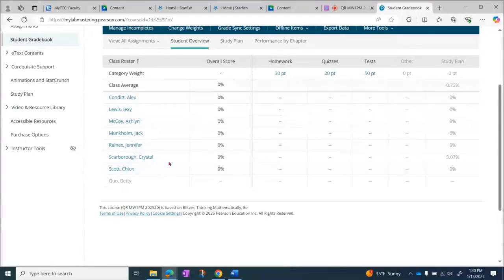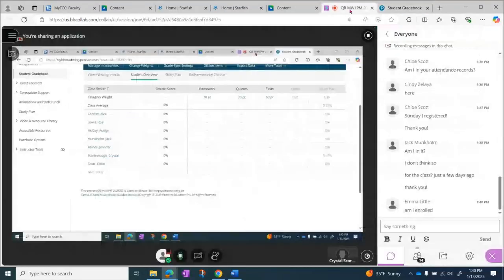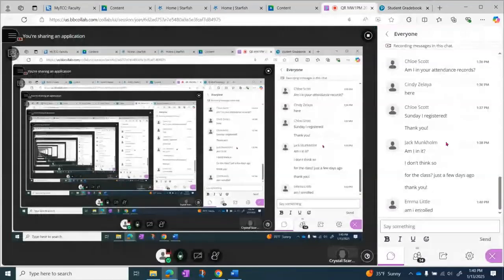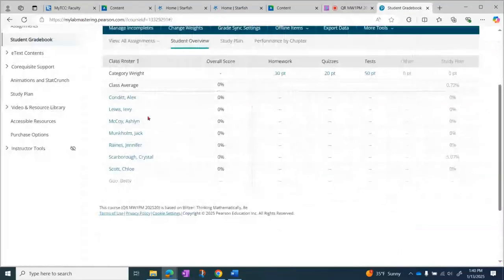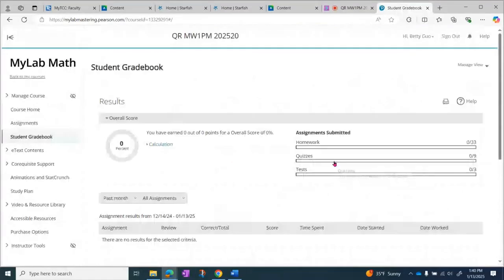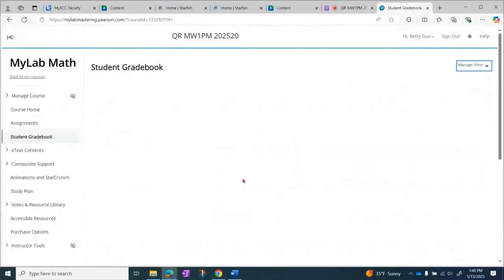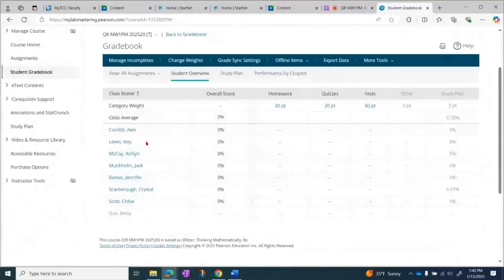Crystal's name is here, which means you are enrolled. Yes. Okay, thank you. I was making sure. Perfect. Emma, let's see, is Emma's name on here? Not yet, but I can refresh. It might take a little bit of time. I don't have Emma yet.